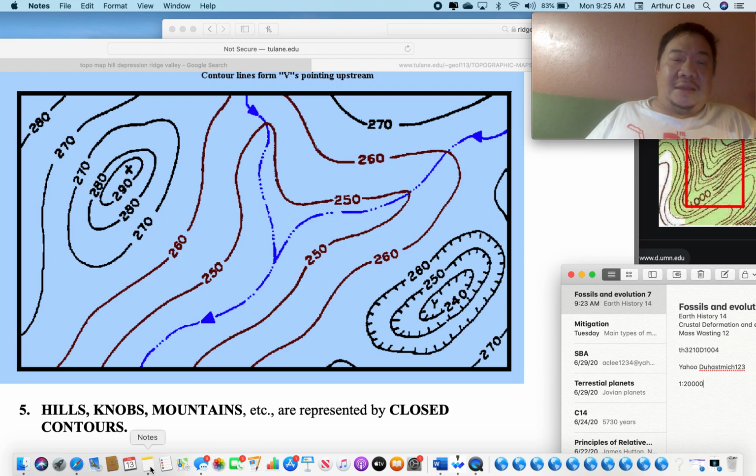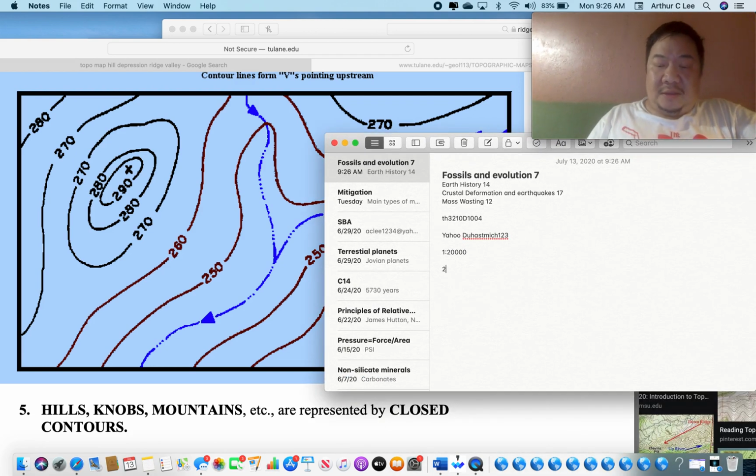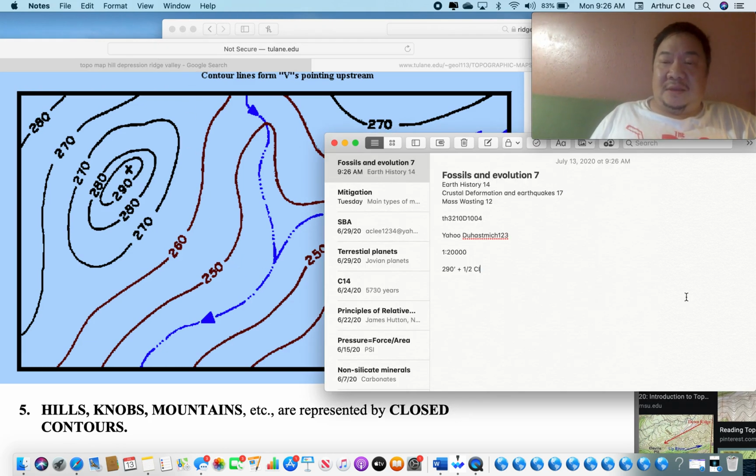and I add, I'm going to write that down. I'm going to calculate that for you, and you can do this as well. It's easy. 290 feet plus 1/2 of a contour interval. What's the contour interval for this map? 10 feet.